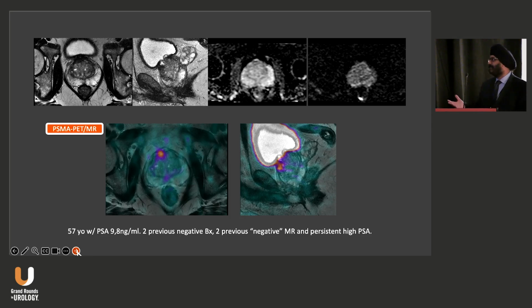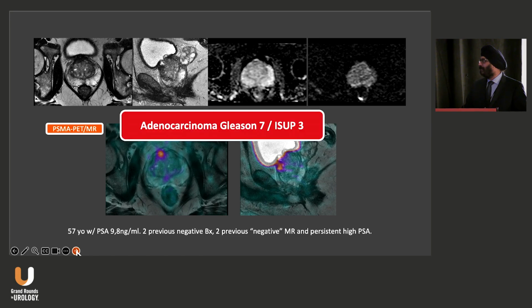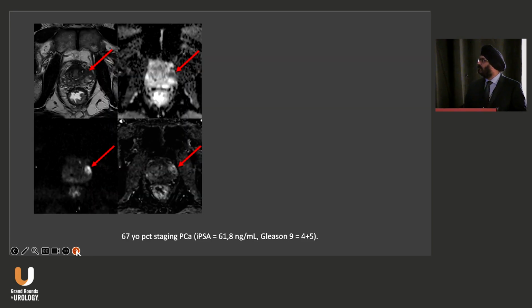In this case, the patient had a PSA of 9.8, two previous negative biopsies, negative MRIs, and persistently high PSA. In those cases, you are okay to get a PSMA PET, and this was the lesion which was detected. Very subtle on MRI, maybe on T2, but nothing really on diffusion or ADC. This turned out to be Gleason 7, ISUP 3 cancer.